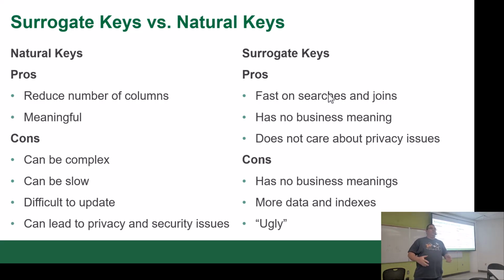It can be slow. Computers are really good at numbers. They suck at strings. Strings are slow, especially when you start mixing in other character sets. It goes really fast on the standard Latin alphabet, right? So your standard A to Z, uppercase, lowercase.